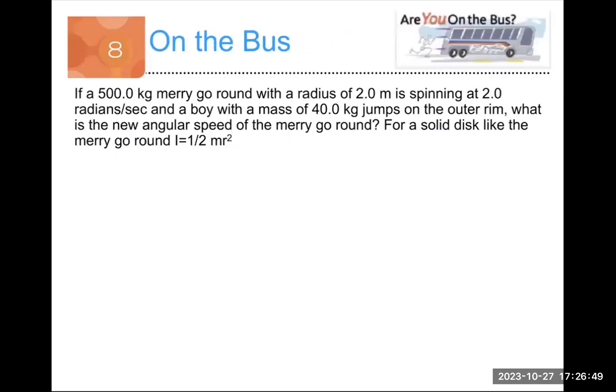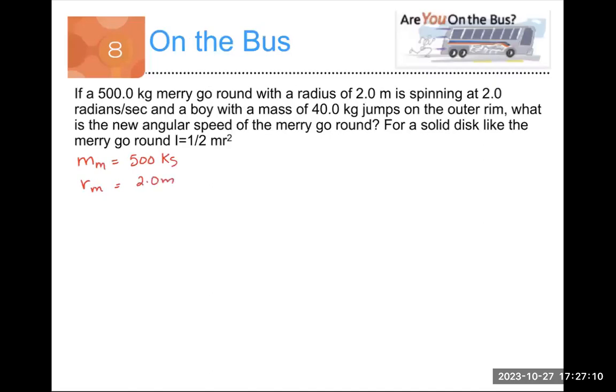So we have a 500 kilogram merry-go-round. So we're going to put M of our merry-go-round is 500 kilograms, and it goes around with a radius of 2 meters.